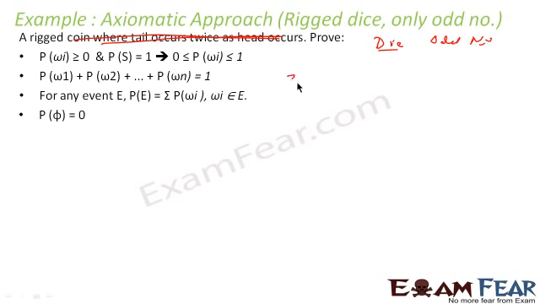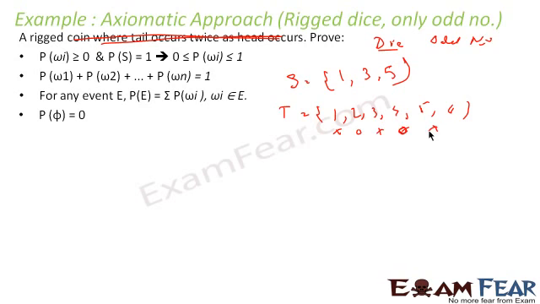The sample space here will be 1, 3, 5, while the total space is 1, 2, 3, 4, 5, 6. So when we look at the probabilities, let's suppose this is 0, this is X, this is 0, this is X, this is 0.